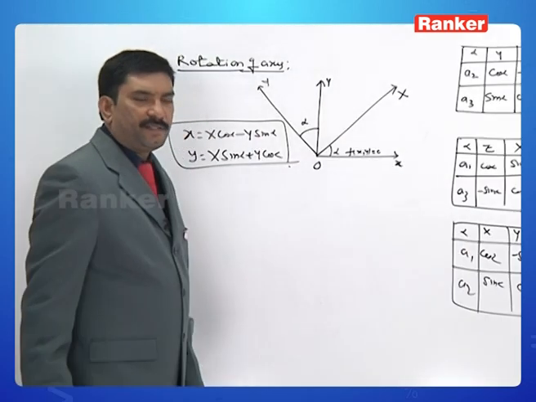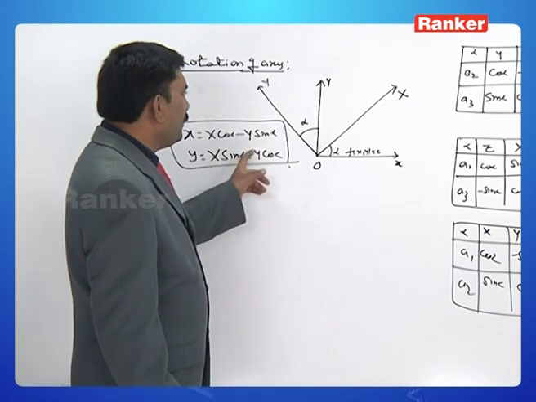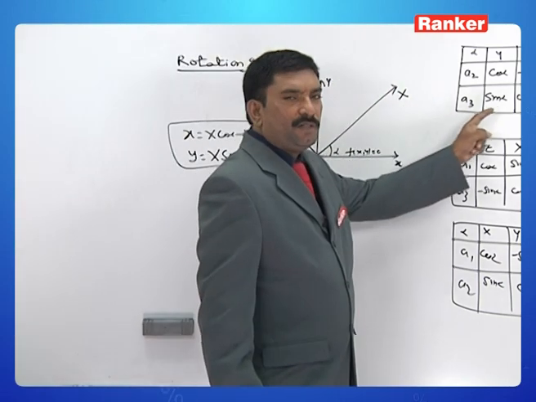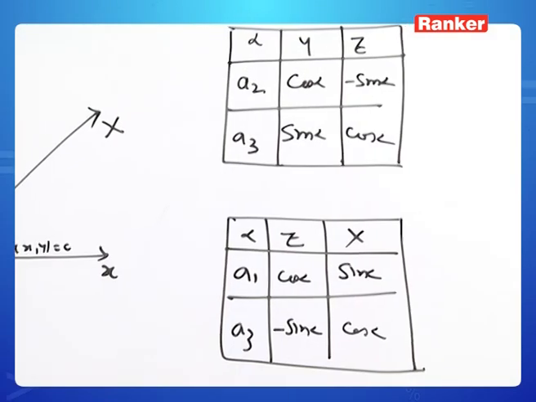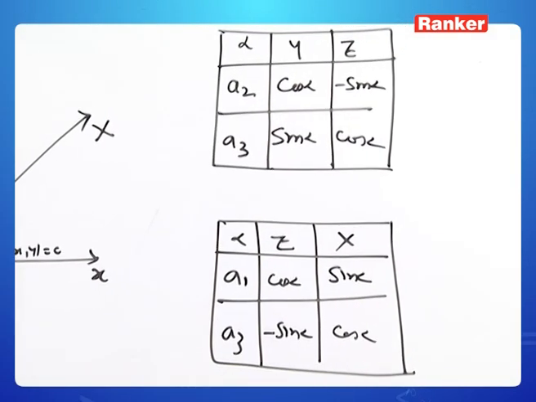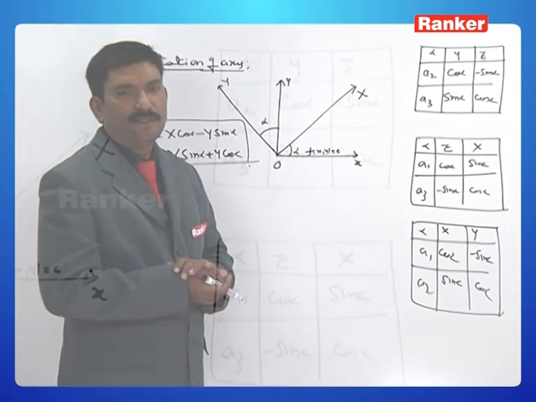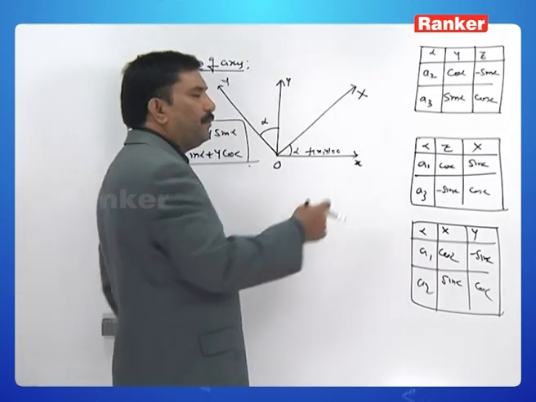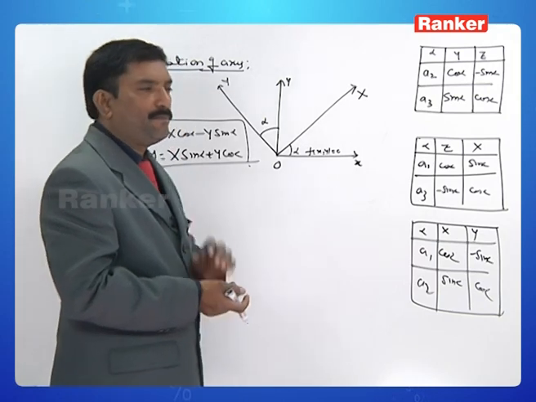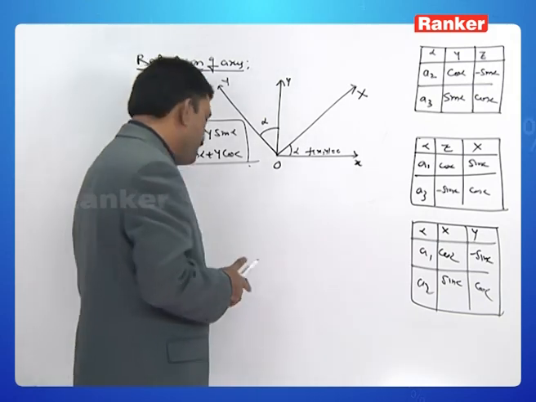This is the concept I am making use of now in rotation of a vector with respect to the x-axis, with respect to the y-axis, with respect to the z-axis. In coordinate geometry, we are rotating both the x and y axes through an angle alpha. But here it comes in 3D.